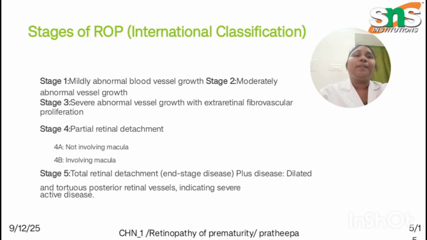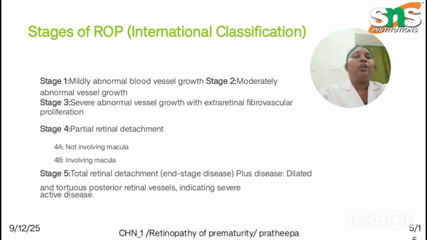Next, the stages of retinopathy of prematurity. It has 5 stages. Stage 1, mildly abnormal blood vessel growth. Stage 2, moderately abnormal vessel growth. Stage 3, severe abnormal vessel growth with extraretinal fibrovascular proliferation. Stage 4, partial retinal detachment, may not involve the macula or may involve the macula.